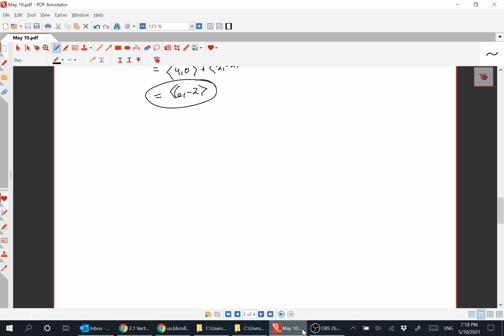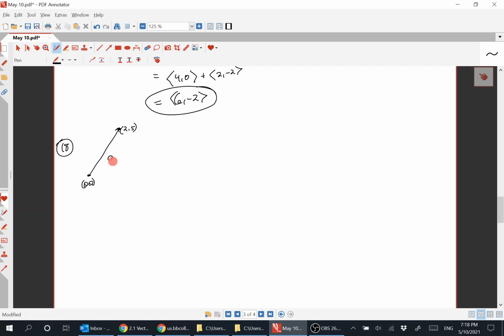All right, so we've got 0, 0 and 2, 5. So that is the vector A, and its coordinates are 2, 5.